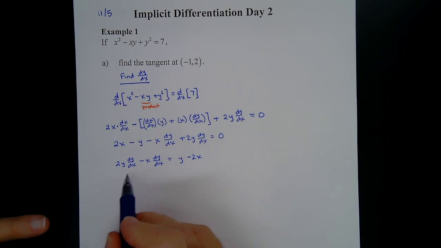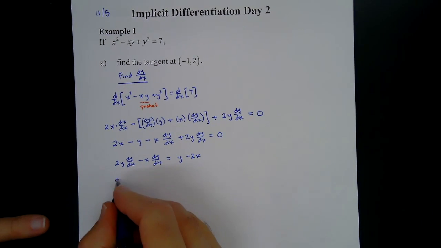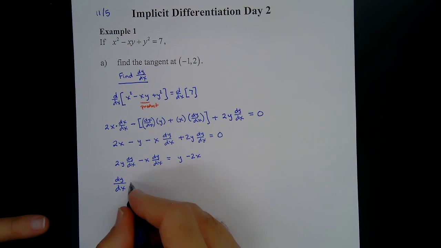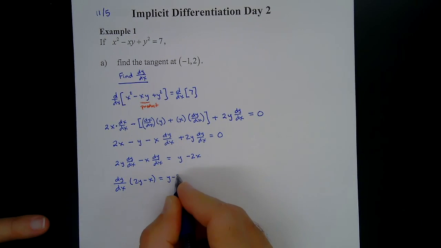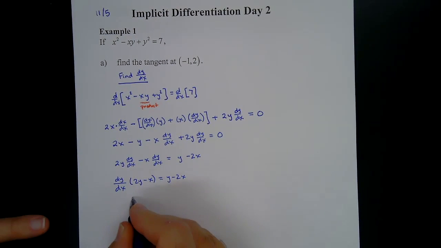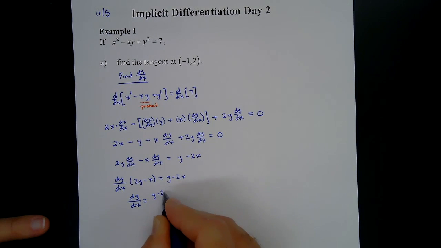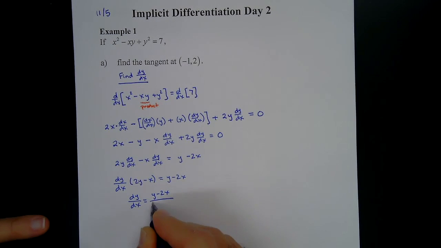Now I can factor out the dy over dx. That'd be dy over dx times (2y minus x) is equal to y minus 2x, and then I'm going to divide by that. So dy over dx is equal to (y minus 2x) over (2y minus x).